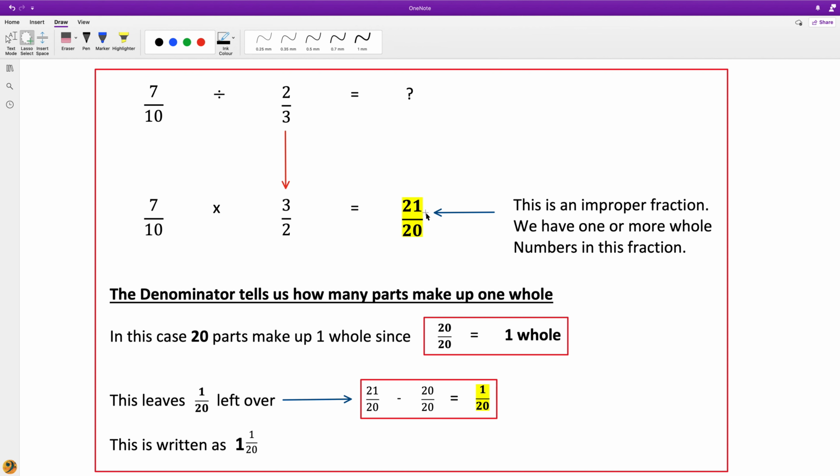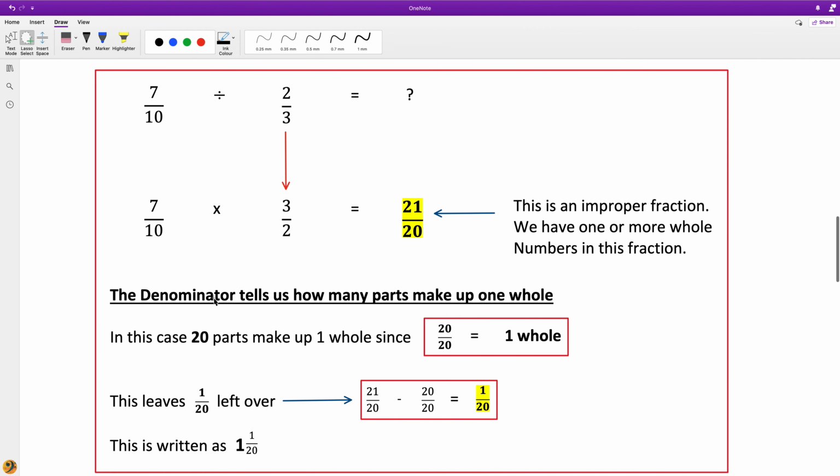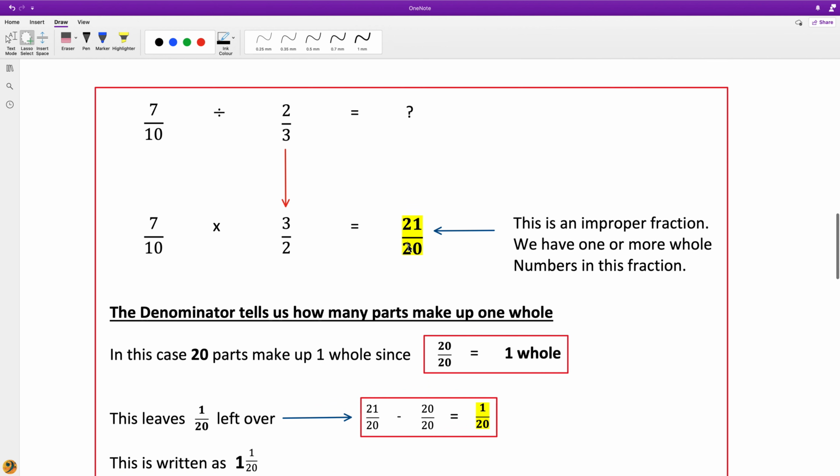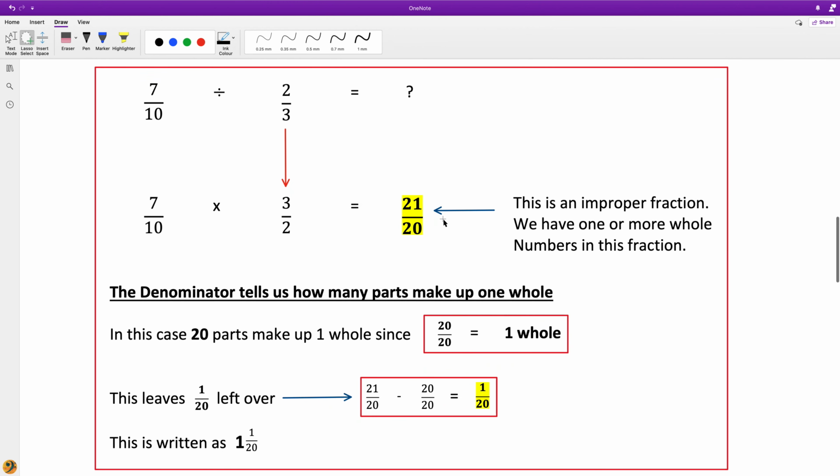you need to work out how many whole numbers you have and then how many bits you still have left over. To do that, we just need to know that the denominator is the key. The denominator tells us how many parts make up one whole number.